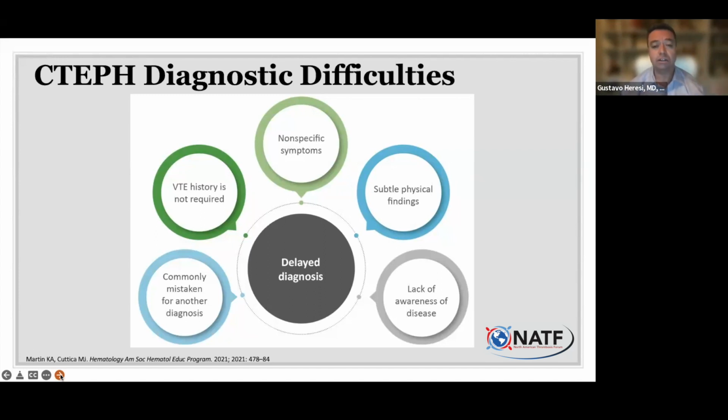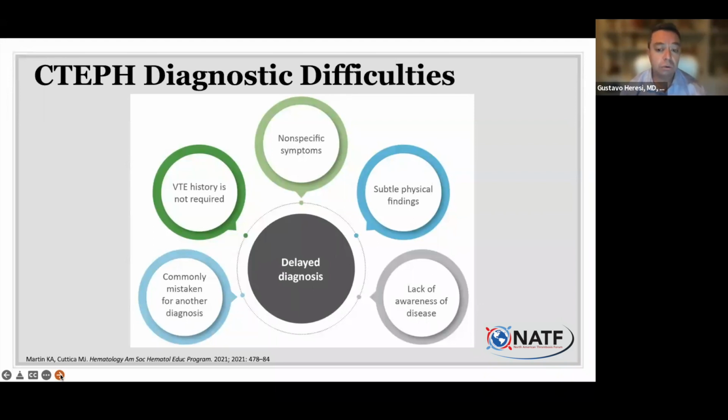You can have this condition and never had a history of clot in the past. And for all of these reasons, frequently this condition is misdiagnosed as other things. People are told you have asthma, you have COPD, maybe you're overweight, maybe you're out of shape. And so doctors frequently don't really recognize this disease as the reason for shortness of breath.